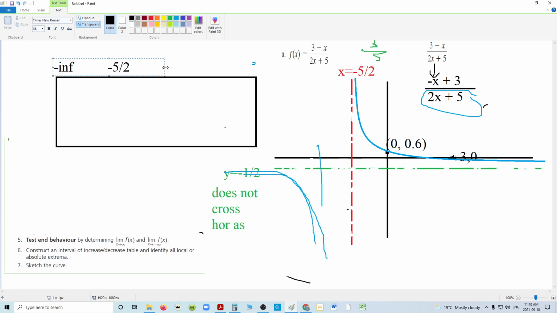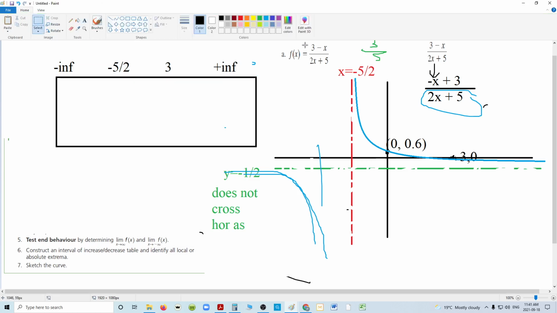What's the next thing? We might as well put, actually, the y-intercept isn't important. It's where it crosses the x-axis. So next we're going to put the x-intercept. And then we don't have any other horizontal information, so we're going to put positive infinity over here, just to give it a rough idea.